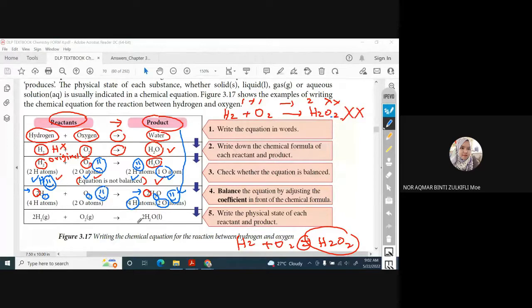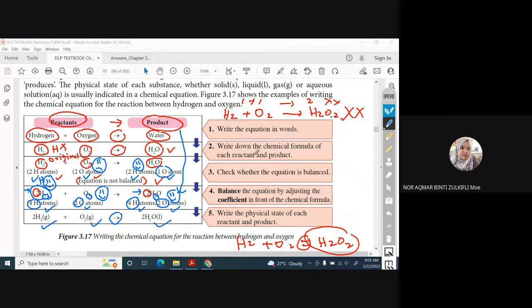Okay, apa yang tak sama pula? Hydrogen pula tak sama. Here 4H. So that's why we put 2 here. Kita letakkan 2 lagi dekat depan, so that we can get the same hydrogen atoms. So now happy lah. 4 hydrogen, 2 oxygen, 2 oxygen. Then the last one, we will get 2H2 plus O2 will produce 2H2O.